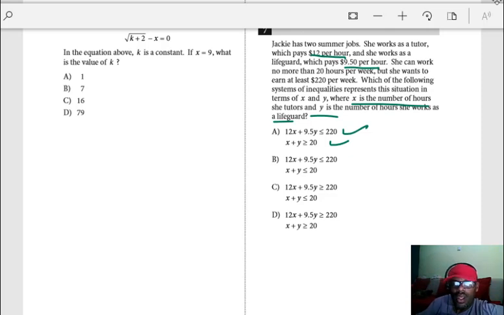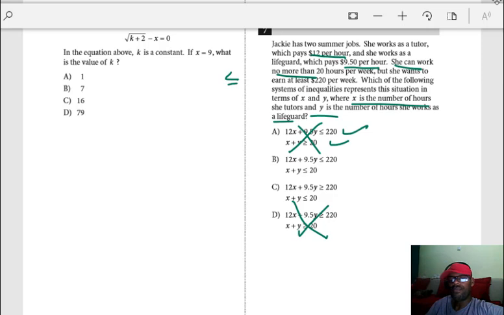I should move on to the other part. Second, she can work no more than 20 hours per week. No more than 20 hours, so in this vocabulary, no more than means less than or equal to. So x plus y less than or equal to 20, I choose that option, so this one is not possible.